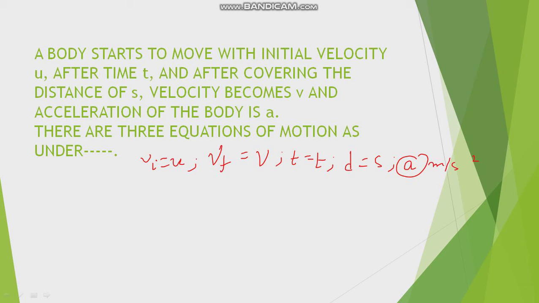The first relation is v equals u plus at. This is our first equation of motion: the final velocity is the initial velocity u plus the product of acceleration and time t. Let's move to the second equation.